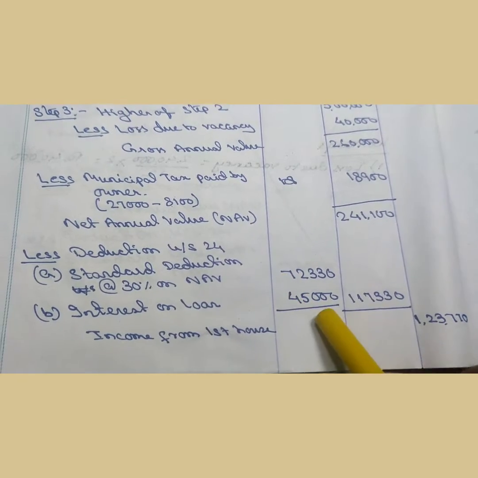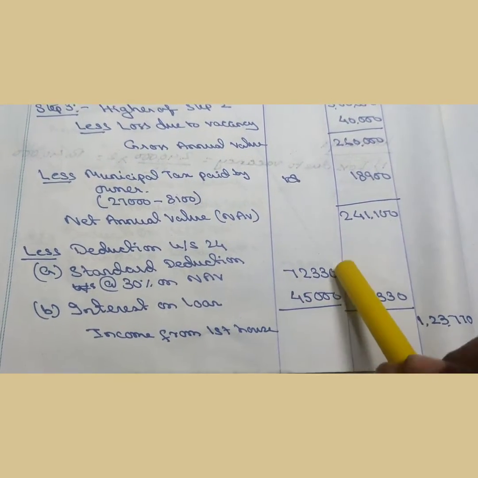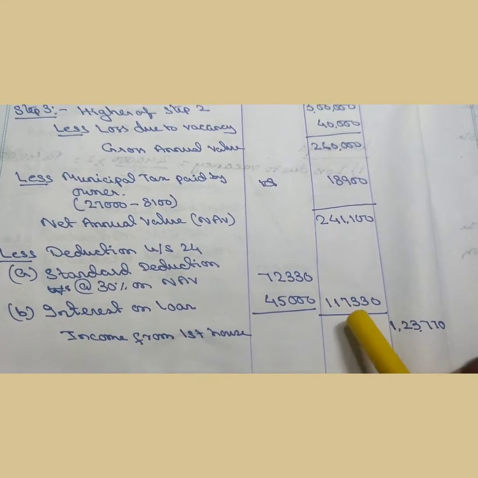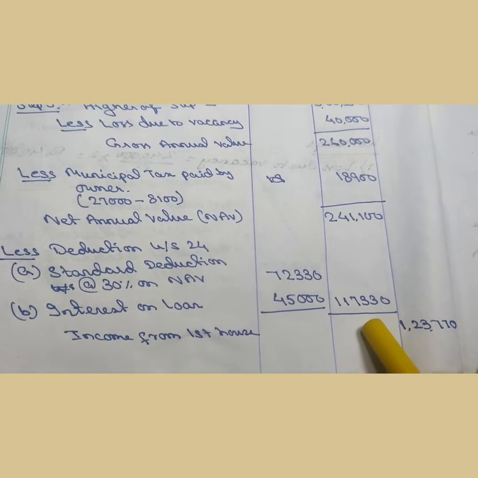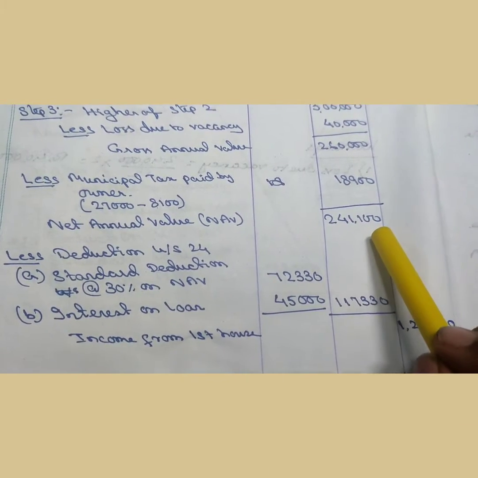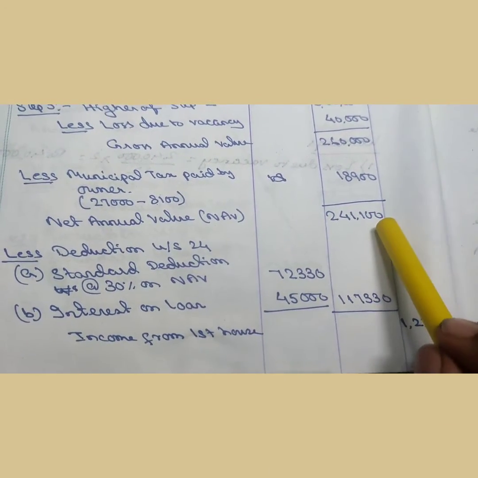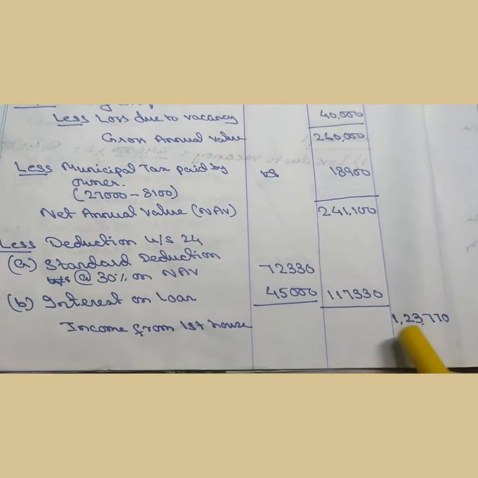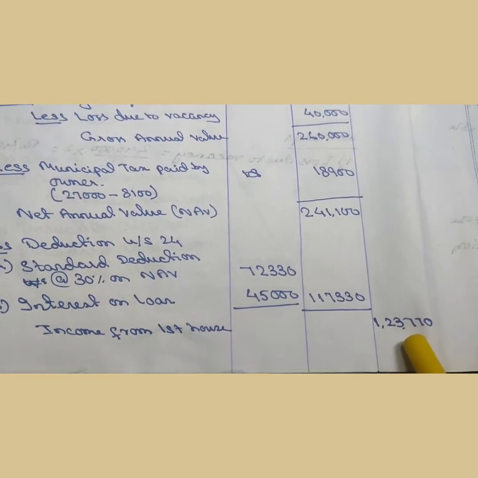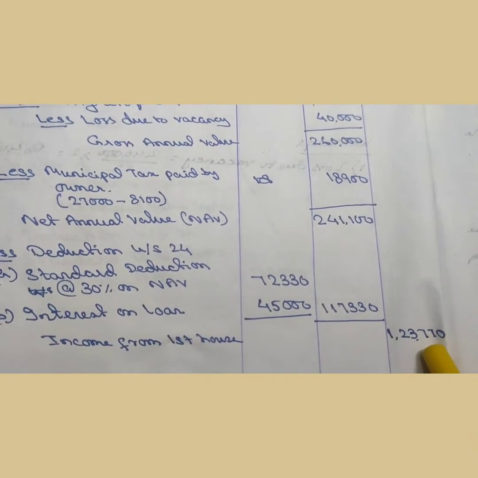That means total deduction is the summation of these two and this is 1,17,330. So this should be deducted from net annual value, and we will get this income from first house 1,23,770.